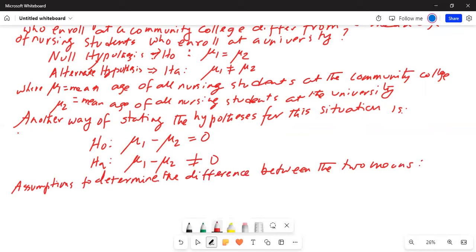So one of the assumptions, number one, is that the samples must be independent of each other.